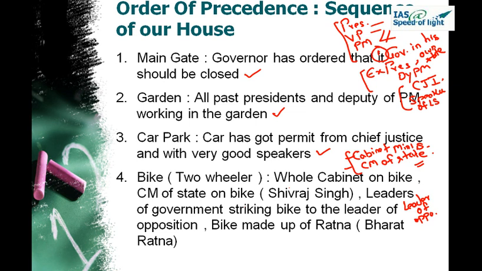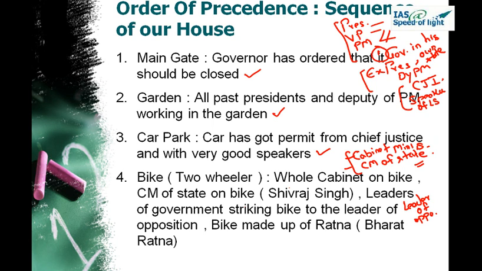After that there was a car park. You linked the information that it has special permission from the CJI, the Chief Justice of India, and good speakers, that is a good music system, related with the Lok Sabha Speaker. After that it was the bike, the two-wheeler parking of your house. On the bike you related the cabinet ministers, the whole cabinet sitting on the bike, the Chief Minister of a state in his own state, the Leader of Opposition, and Bharat Ratna holders.